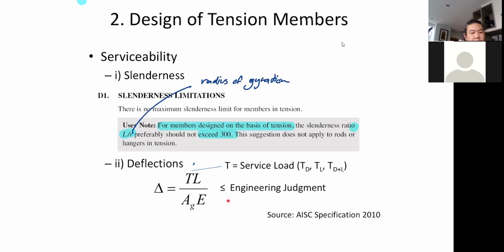Okay, you may from time to time be required to check the deflection of your tension members. And you better make sure that you need to check this or not before you start working on your design. Okay, this is on engineering judgment, but for this, it's like a rule of thumb. You should always make sure that it doesn't exceed this one. Otherwise, you know, the construction phase will become very, very difficult. Okay.